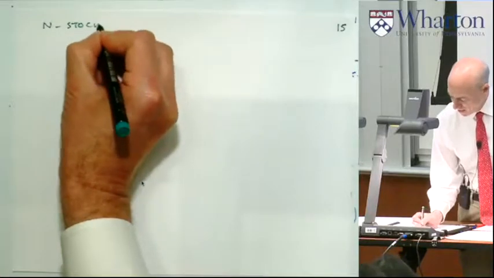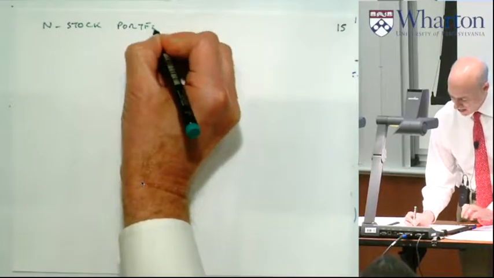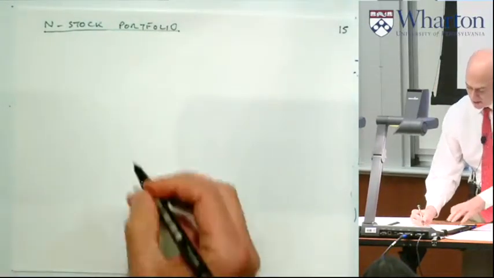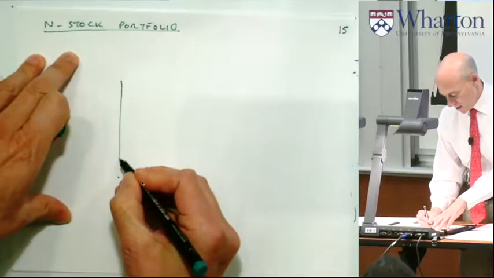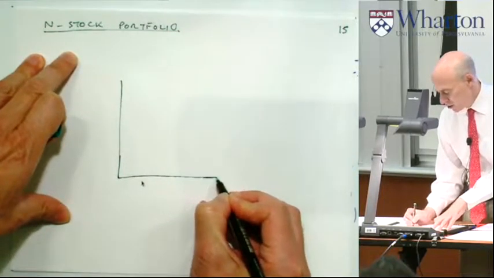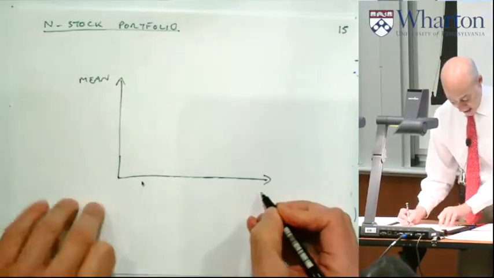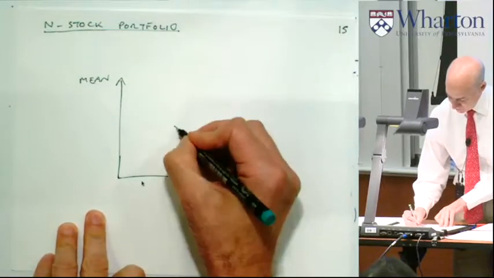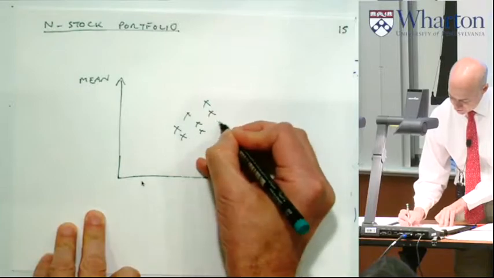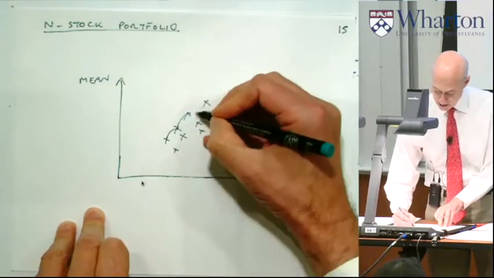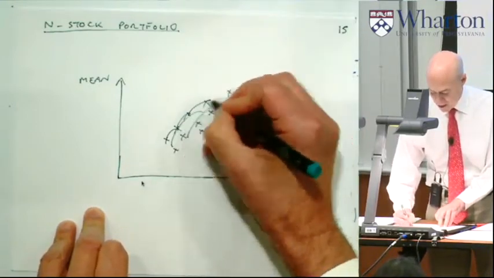So let's look at an N stock portfolio. So now what we're going to get is, instead of just 2 points and the line between them, we're going to have N points. These are the N stocks. And then we can mix any two of them. We get the same kinds of lines, and we can mix many of them.